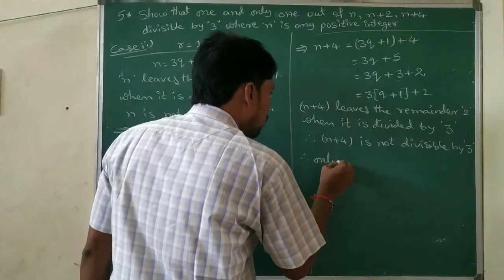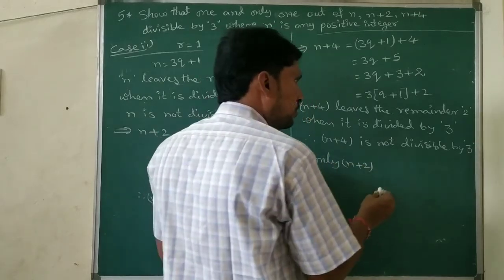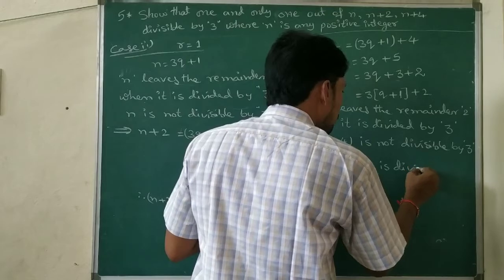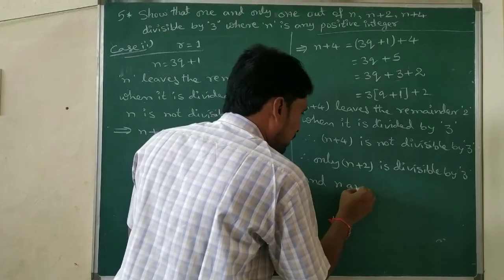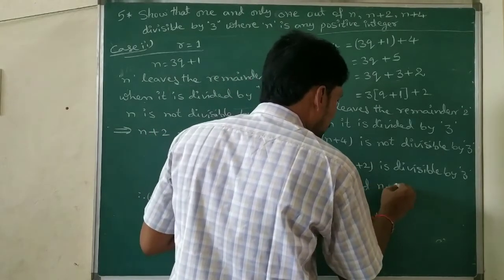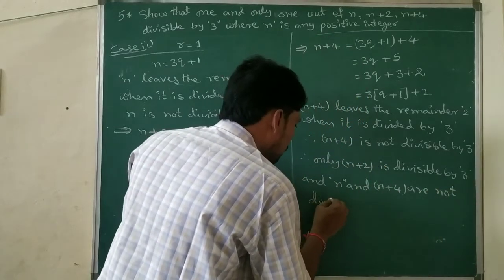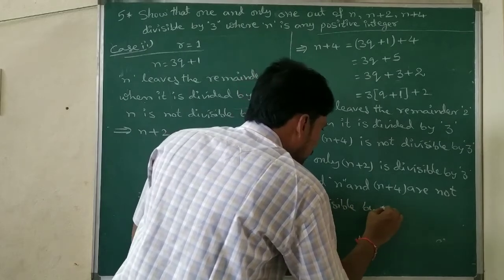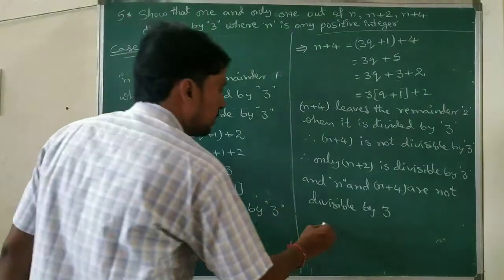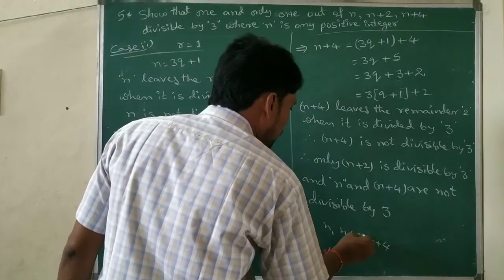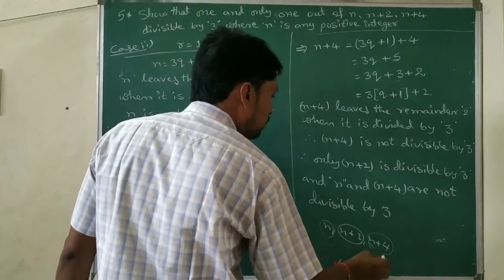Therefore, only n plus 2 is divisible by 3, and n and n plus 4 are not divisible by 3.